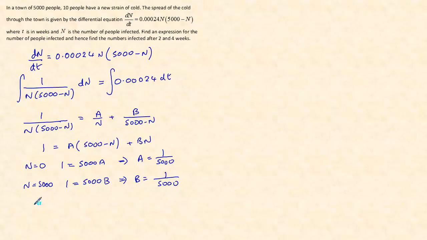So our integral becomes 1 over 5,000 times the integral of (1 over n plus 1 over 5,000 − n) dn, and that's equal to the integral of 0.00024 dt.